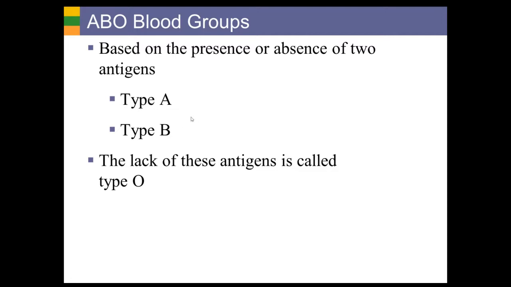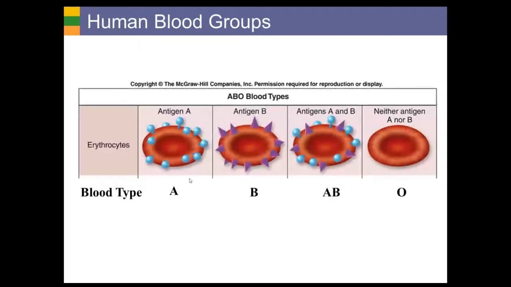And if they have neither, you are O. So I'm A. That's my blood type. My red blood cells have the A antigen on the surface of their plasma membrane. If you have B, you have the B antigen. If you are AB, you have both the A and the B, and if you have O, you have neither.